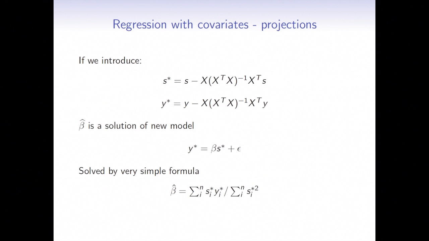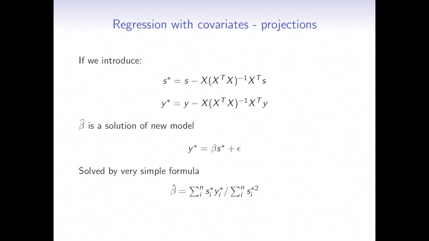from the simple regression. So what we do here, we introduce new variables, a new SNP variable S star and a new response Y star. And here you see the formula for those transformed variables. Although at the beginning they may look complicated, they are actually based on projections.